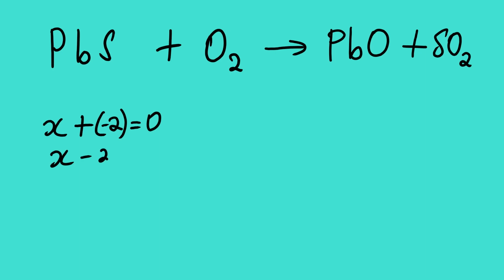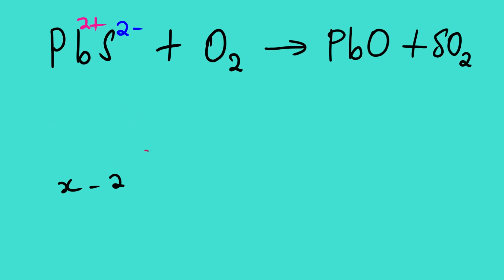So we have X minus 2 equals 0. We have X equals positive 2. Then we can conclude that sulfur is 2 minus, lead is 2 plus. That is the oxidation number.